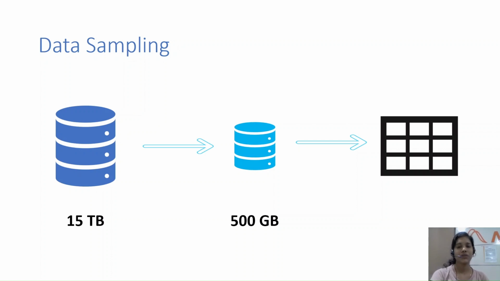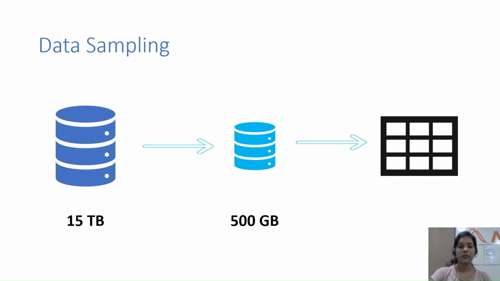In situations where high accuracy isn't imperative, sampling can suffice, sparing us the need to execute queries on the complete dataset. This process streamlines query execution, reducing both computational resource requirements and cost. So here we can see the 15 TB dataset, which is very large, is sampled into 500 GB of data.